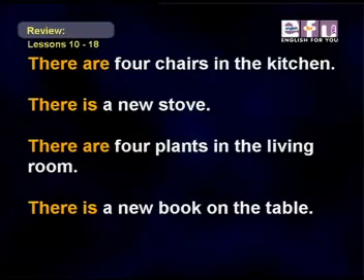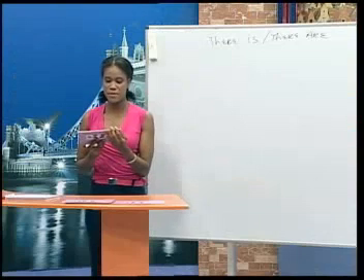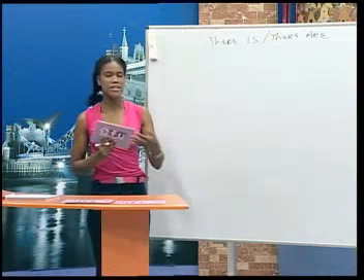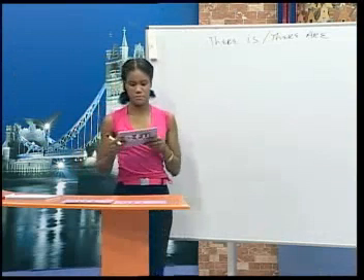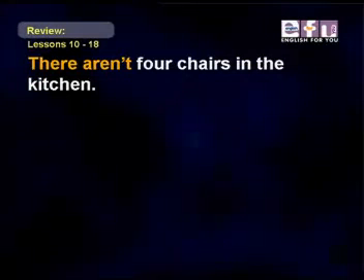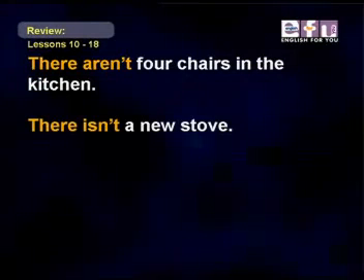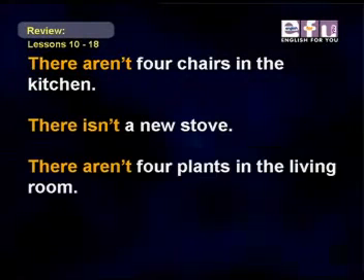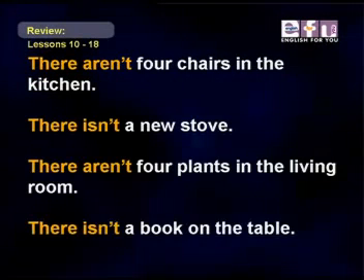There is a new book on the table. So there are and there is give information. They can also be used in the negative. For example, there aren't 4 chairs in the kitchen. There isn't a new stove. There aren't 4 plants in the living room. There isn't a book on the table.